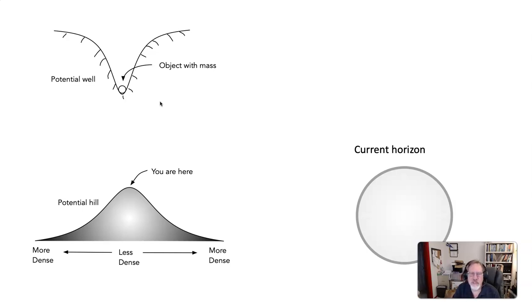And essentially what we are at is a potential hill, because we look at the universe in the distance, at the old universe from 14 billion years ago, it's a lot denser, and so it's in a gravity well, let's say. We're at the top of this, so we're essentially like a potential hill all around us.